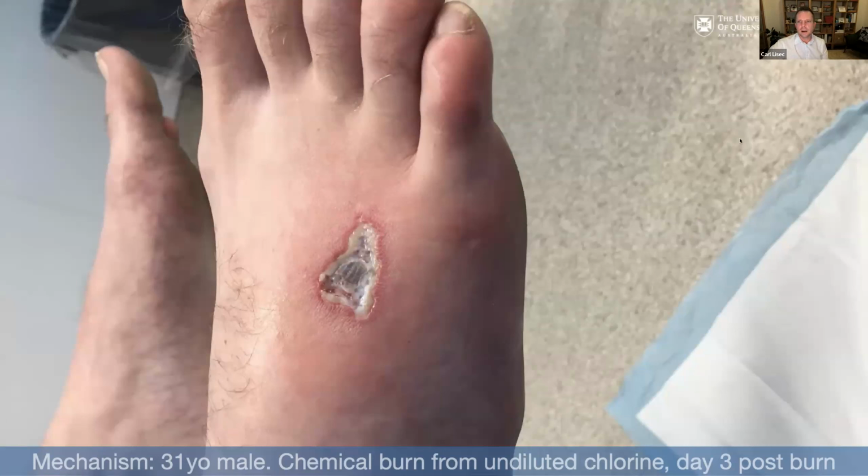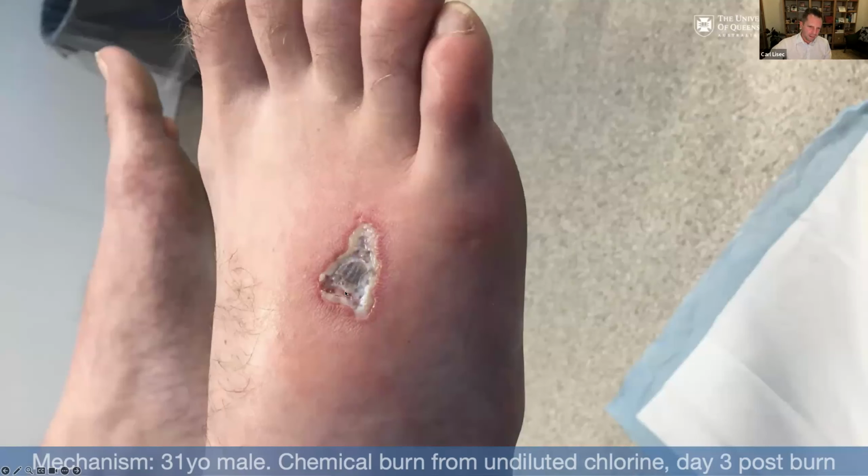That's great. Yep, I would say most of you got the right answer. I would say it's full thickness. The reason I say it's full thickness is because it's got that depressed, sunken appearance to it. And it's got a black-gray center, which is what we call eschar, which is completely denatured burnt skin.